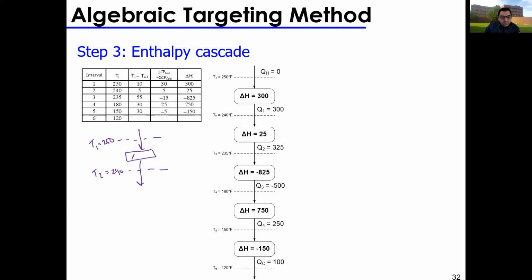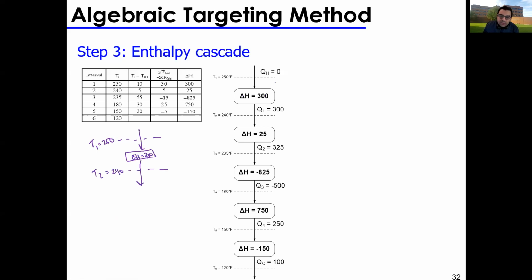And here I have my delta H1, which is 300. And this is what's shown here. So I just list my temperatures, and then within each temperature interval, or between each two adjacent temperatures, I just draw a square. I write my enthalpy in it all the way to the bottom.